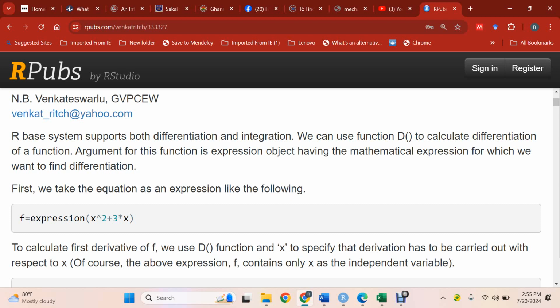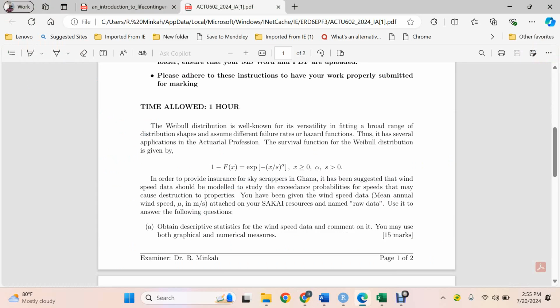Because this is my survivor, right? The survivor function is equal to exp(-x/alpha), like this. So this is my survival function. But in R, if I want to do this, I need to write it as expression.